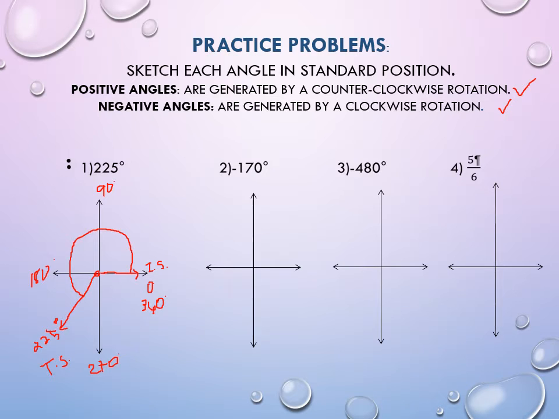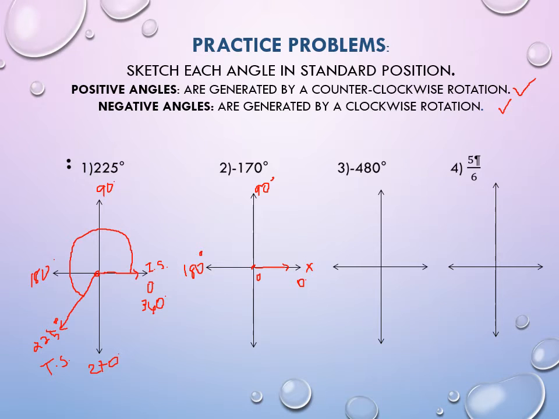Now we have our second example, negative 170. Once more, we have the origin at 0. We have our initial side on the positive side of the x-axis, and because it's negative, it's going to be clockwise, and it says 170. So this is 0, and we already know that the quadrants are 90, 180, 270.